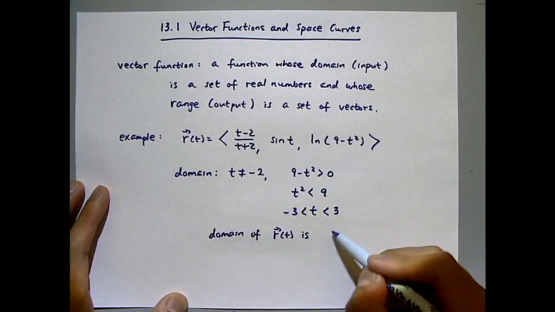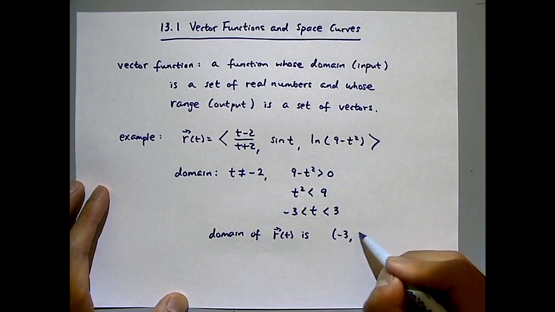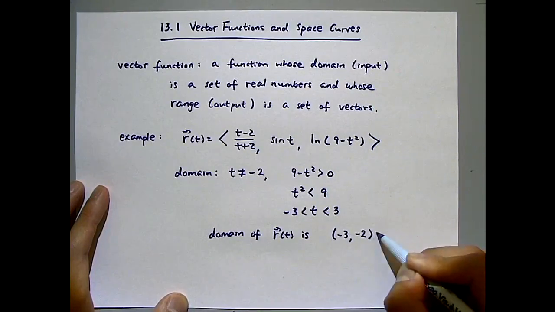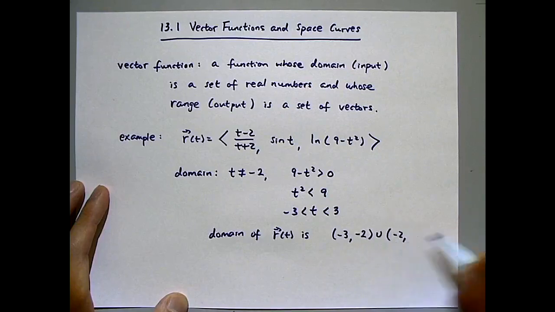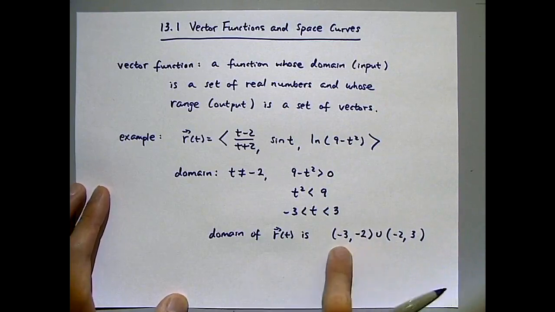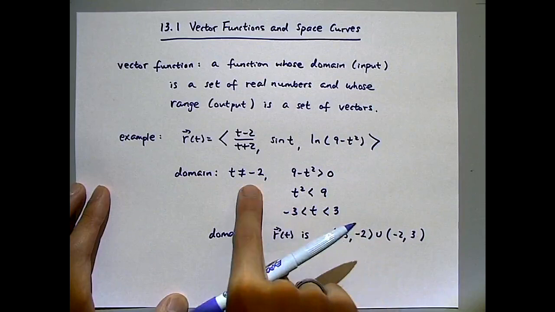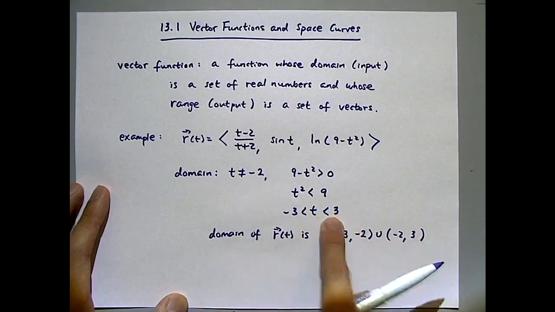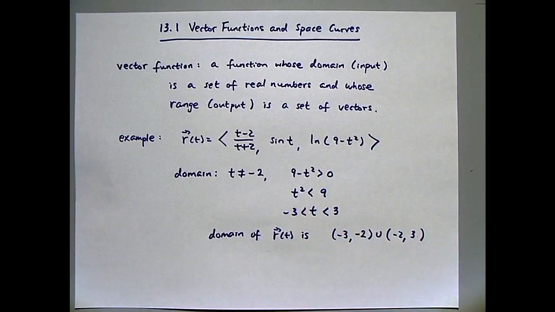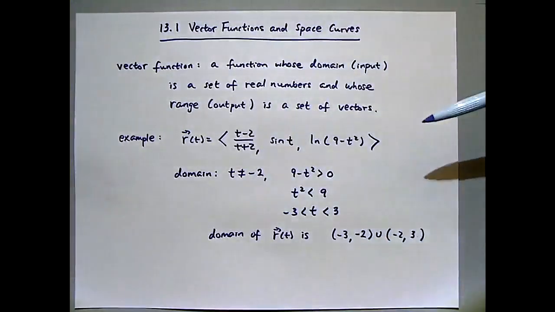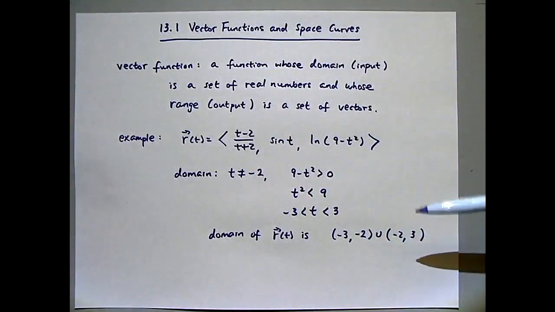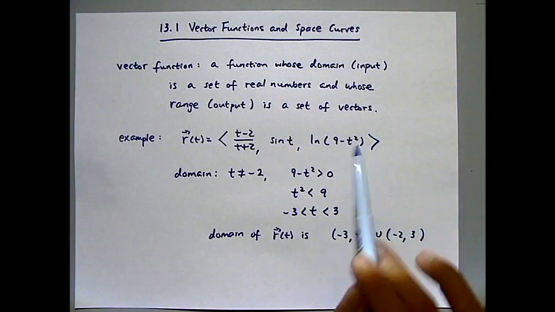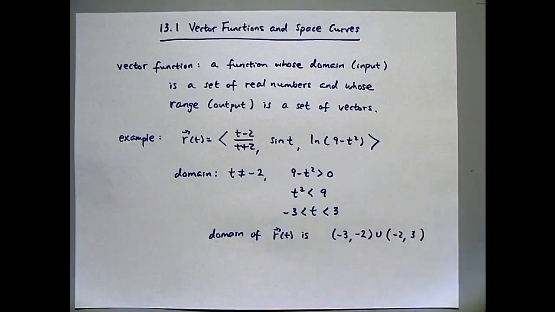In interval notation, we would write it this way. We can have anything from minus 3 to minus 2, not including either of these numbers, and from minus 2 to 3, again not including either of these numbers. So you know how to find the domain of each scalar function. When you want to find the domain of a vector function, it's the same thing. You want to make sure each scalar component is defined for this set of real numbers.